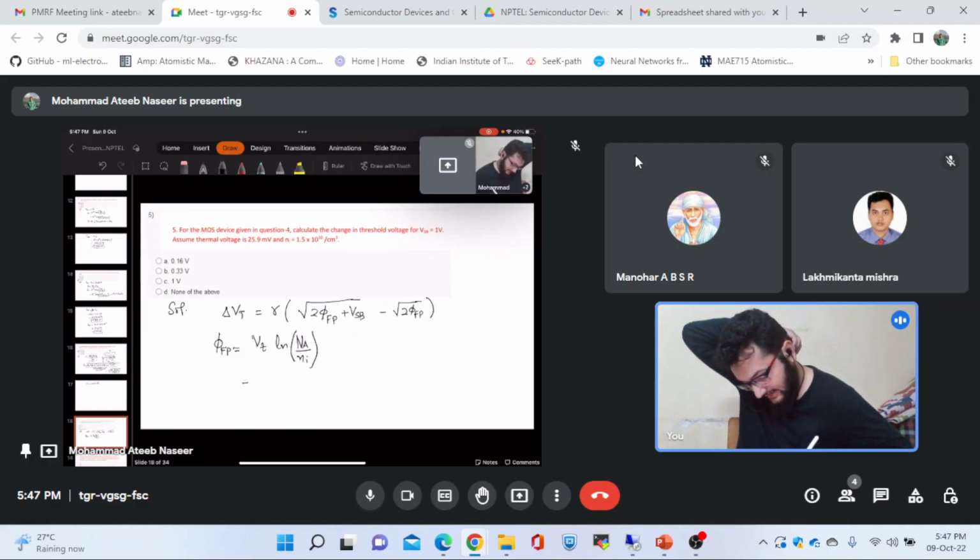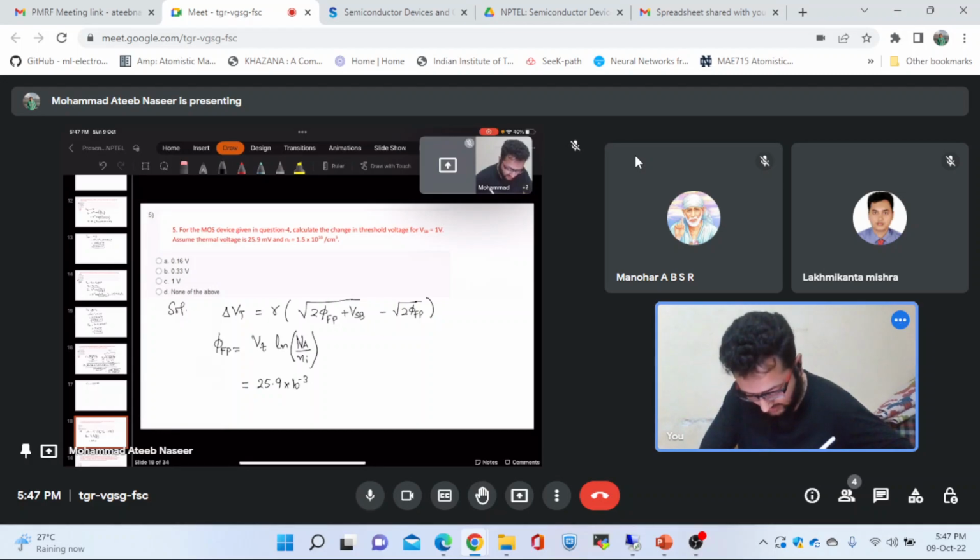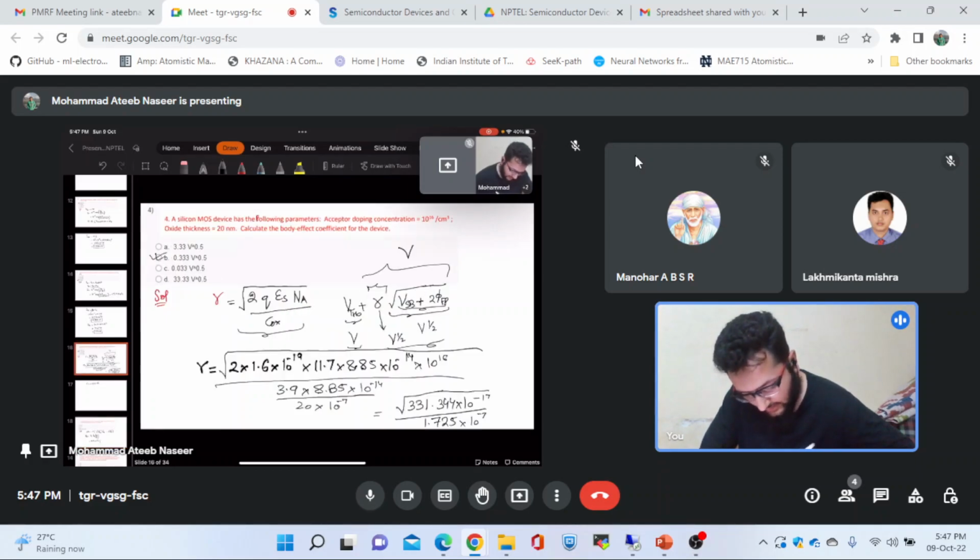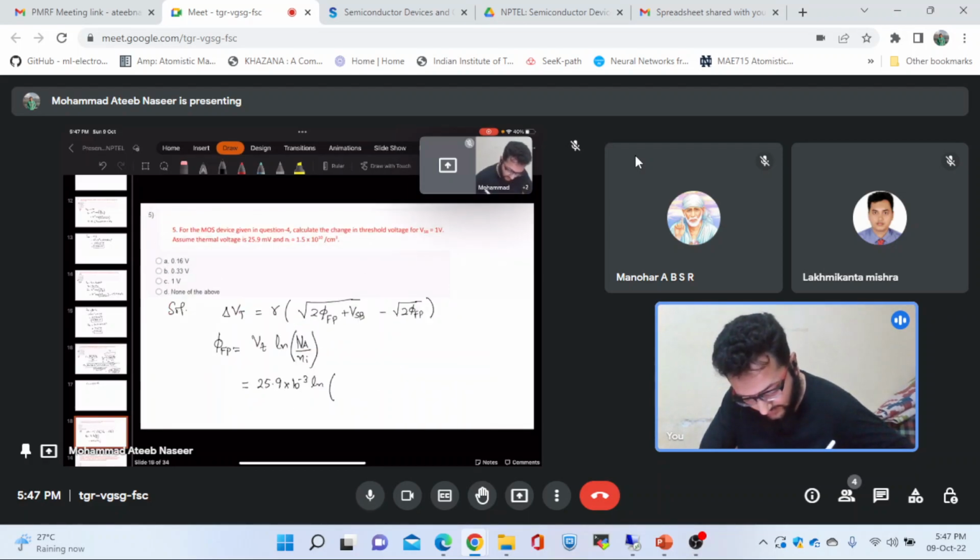And this Vt is equal to 25.9 into 10 to the power of minus 3 volts. And this is ln of Na, which is 10 to the power of 16, and this Ni is the intrinsic carrier concentration, given to be equal to 1.5 into 10 to the power of 10 for silicon.